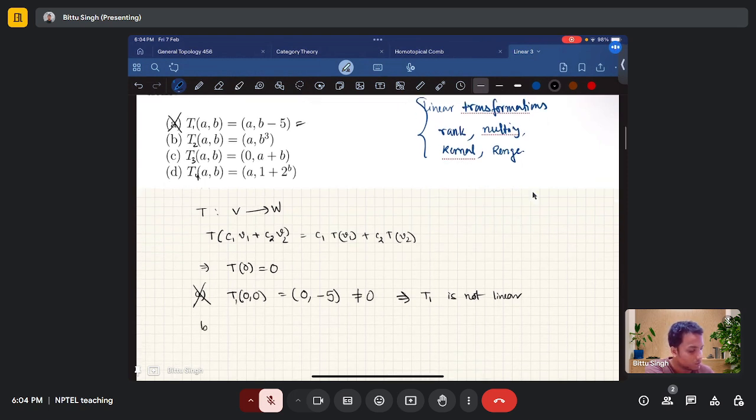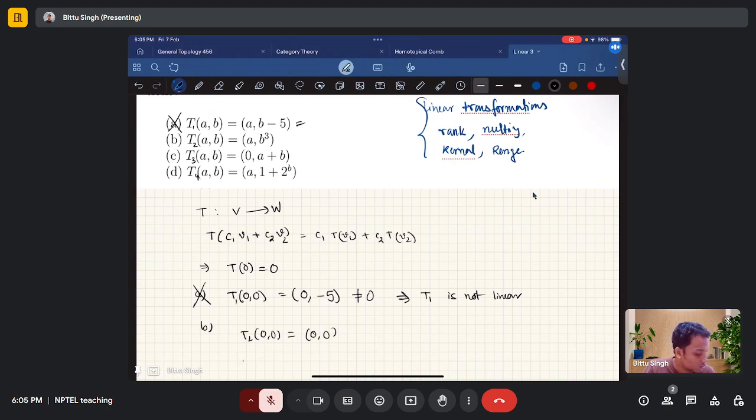Now option B. Here T2 of 0 comma 0 is 0 comma 0. So 0 goes to 0, there is no problem. Now let's check other properties, for example whether scalar multiplication is preserved or not.